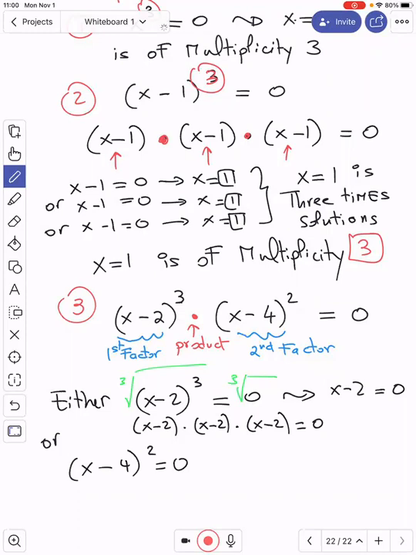Of course, then x is equal to 2, which is a 3 times solution because of this exponent 3. So x equal to 2 is of multiplicity 3.